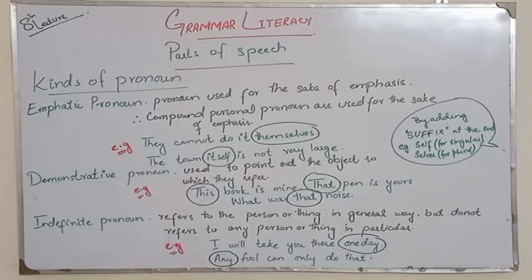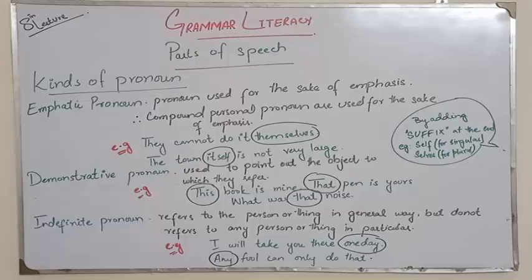As I told you earlier, the definition is for the sake of emphasis, stress, importance. Compound personal pronouns are used for the sake of emphasis. So compound personal pronouns are the emphatic pronouns. You can say compound personal pronouns, or you can say emphatic pronouns.